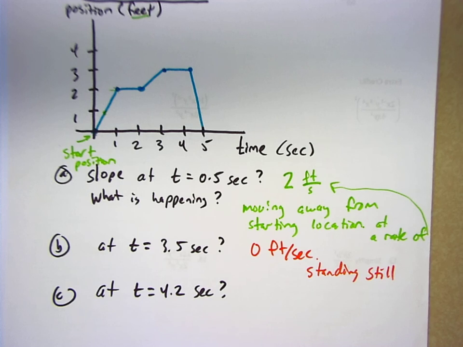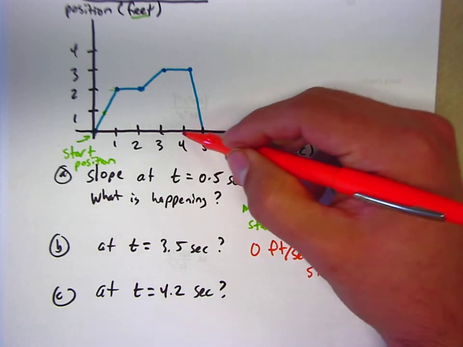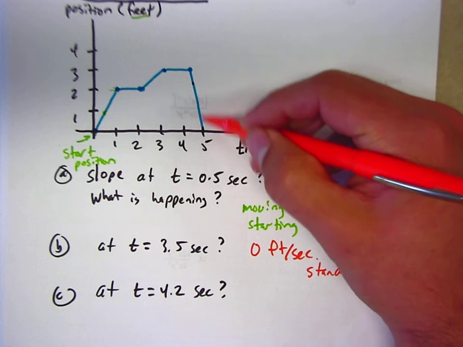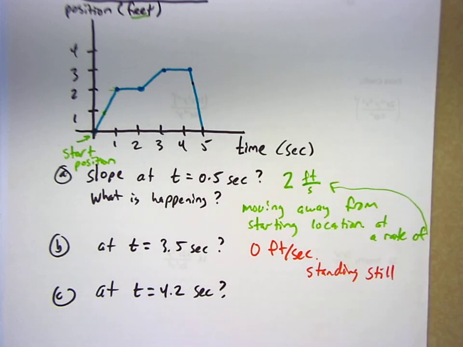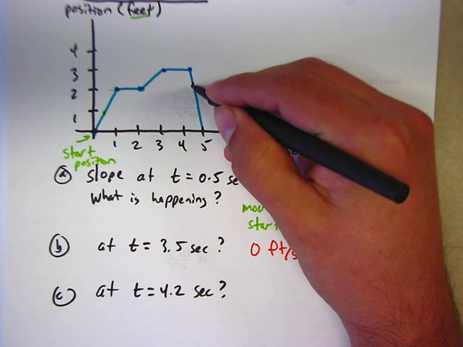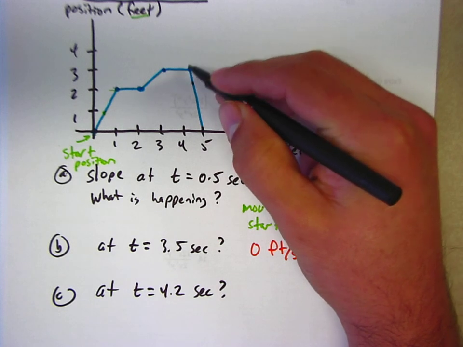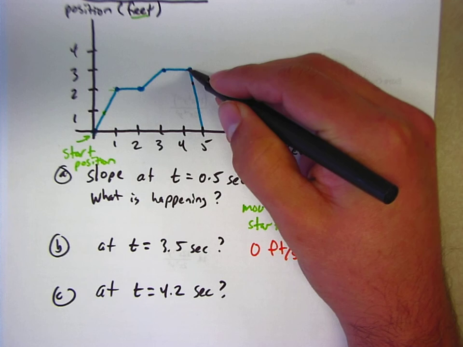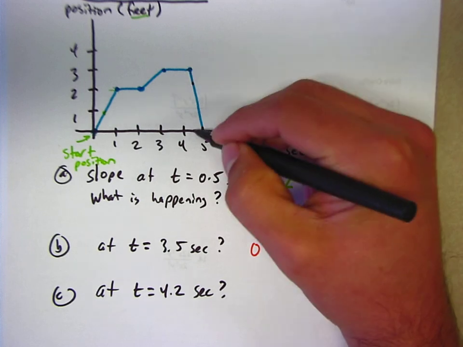And Johanna, what about at 4.2? So somewhere on that section, what would the slope be? 0. At 4.2, which ends up, well, this point should be exactly at 4, so let's go right about here.